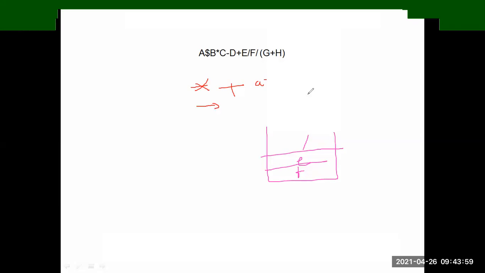E by F. Just write it in the stack. We give priority to divide, that's why we write E by F.